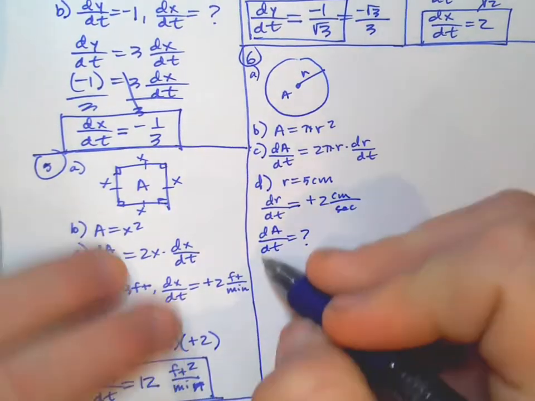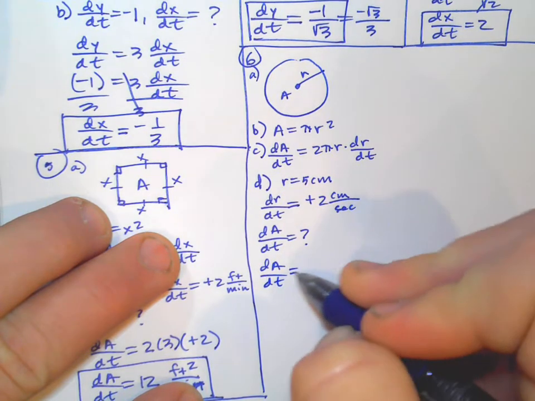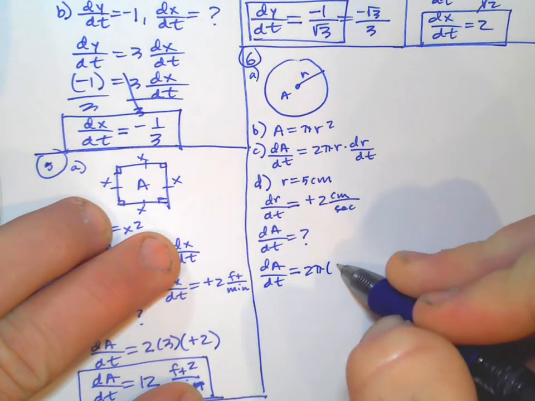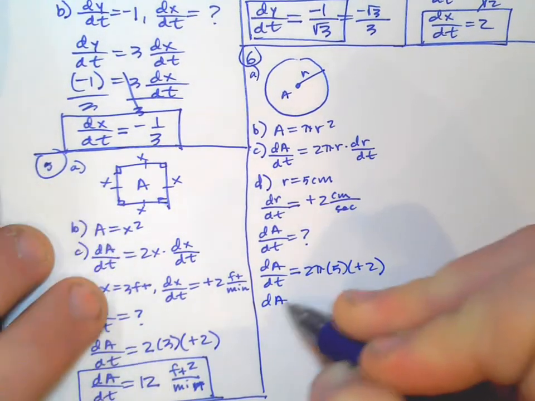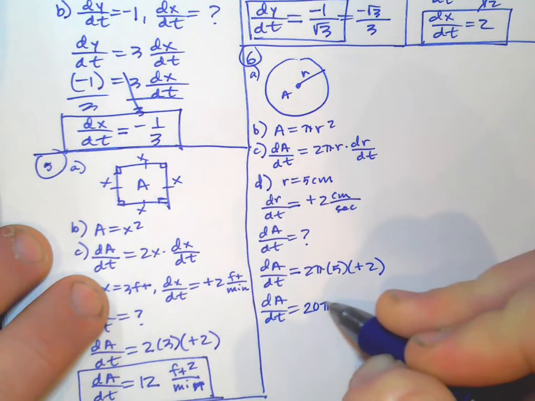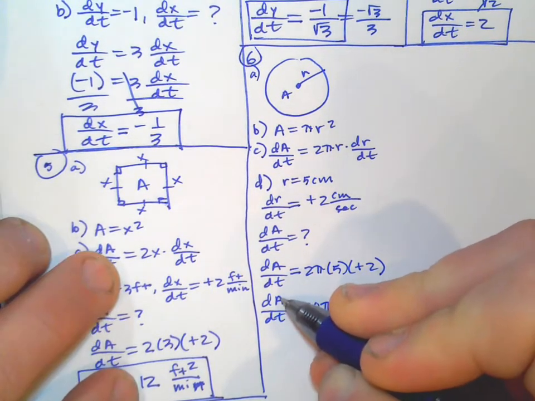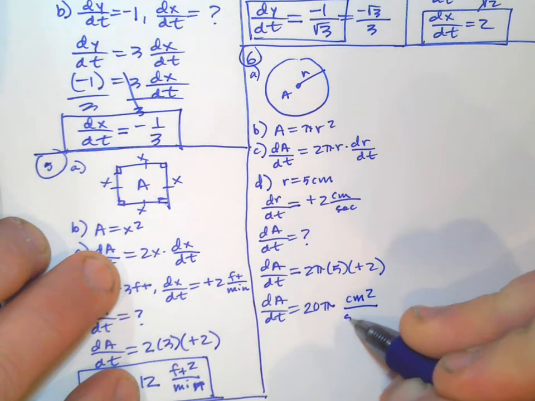All right, well, we have the relationship up here. So dA/dt equals 2 pi, the radius is 5, dr/dt is positive 2. So dA/dt equals 20 pi. And the unit should be area, and in here it's centimeters. Centimeters squared gives you area per second.